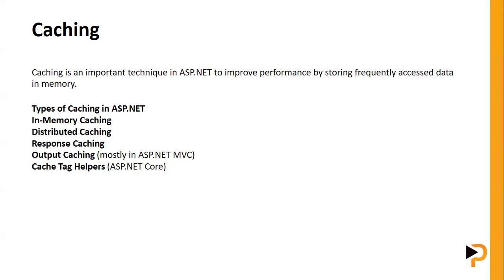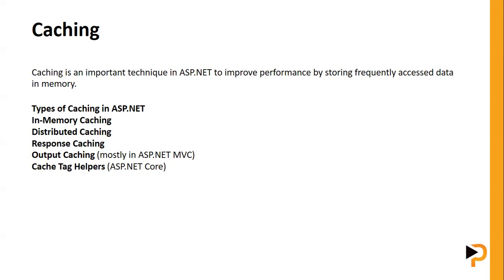ASP.NET provides different caching strategies to optimize performance based on the type of data and the pattern you are using. If your data is on a single server with a single communication channel, you can go ahead with in-memory caching. If your data is distributed throughout different servers, go ahead with distributed caching.